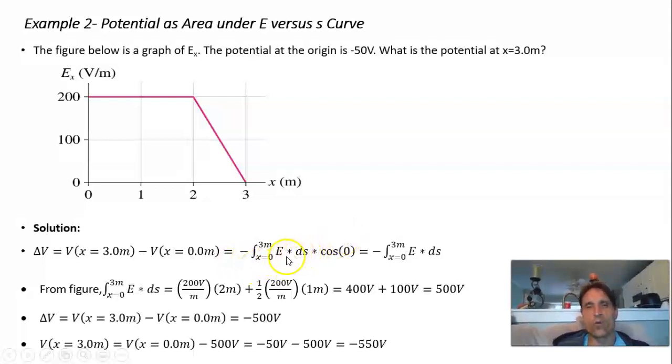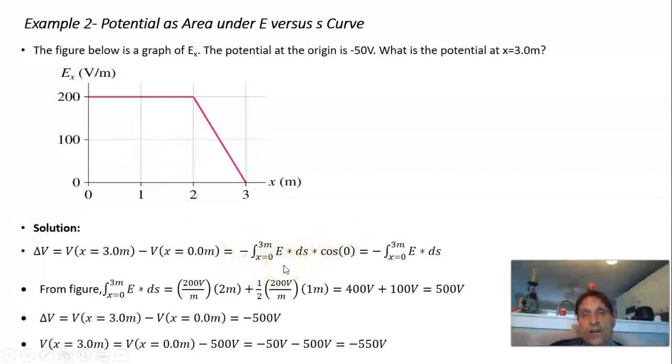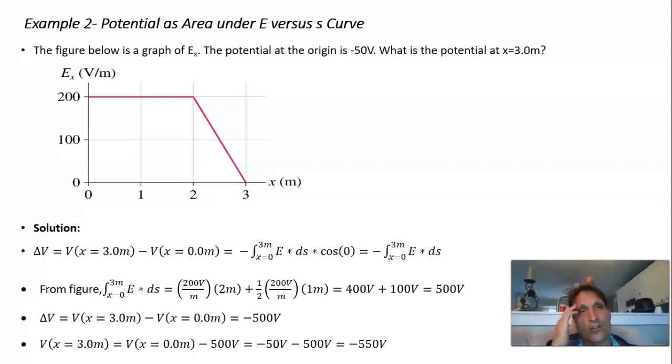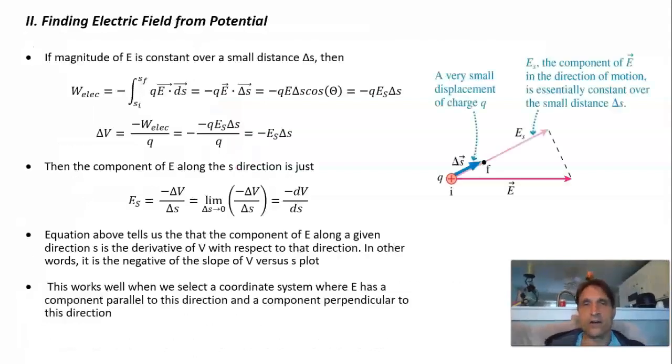It's just we're calculating the area under the graph as opposed to integrating analytically using the mathematical equation for E. So these are all different ways of getting the potential or the potential difference if we know the electric field. They're related. If you know one, you know the other.